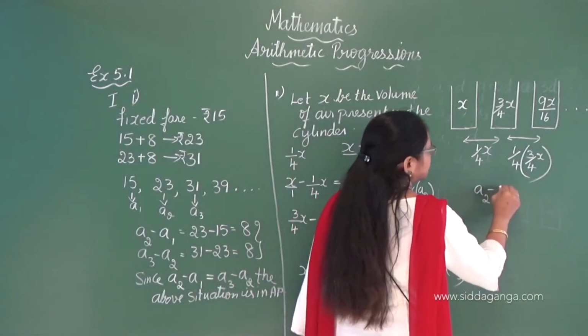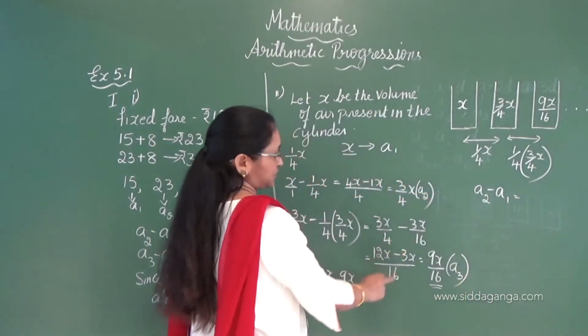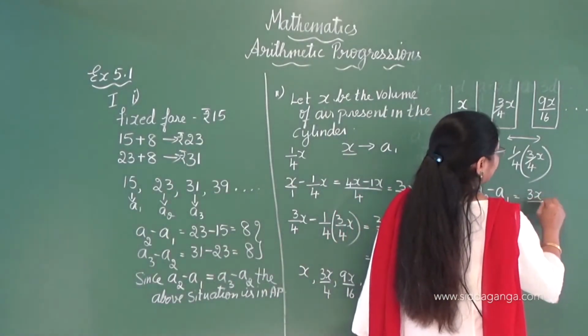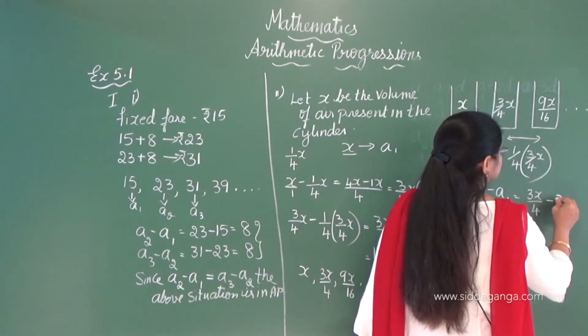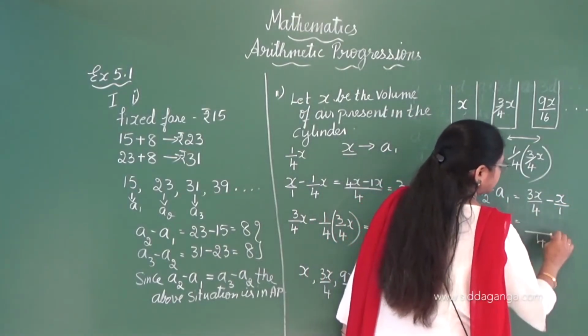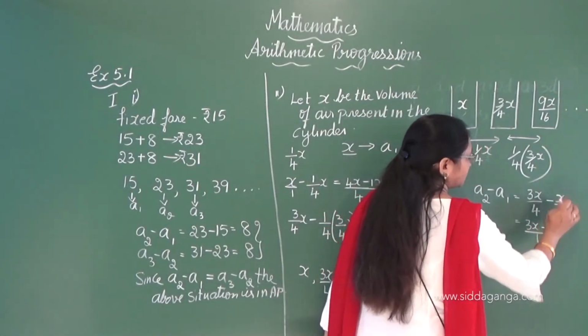So A2 minus A1. Now A2 minus A1 is what? A2, the second term, is 3x by 4 minus A1. So here 4 is the LCM, then 3x minus 1 4s are 4x.